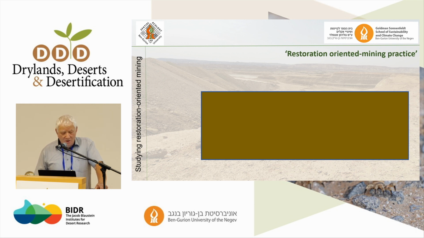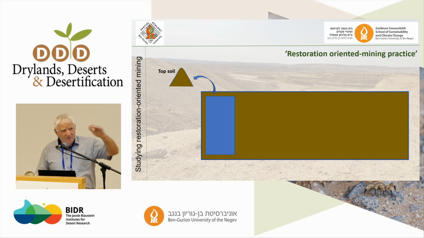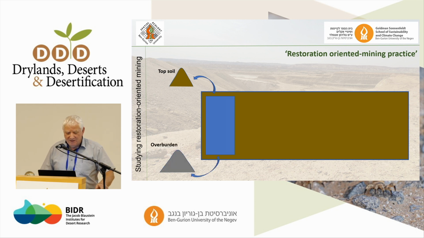Just to show you how this restoration-oriented mining practice works. If this is the potential area for mining, the company divides the area into strips. They go for the first one, they harvest the upper level, which is the topsoil from their respect. It is not really our biological topsoil. It's not the 5 centimeters, but between 50 to 80 centimeters, and they pile it in a designated area. Then they take the overburden, and then they mine the phosphate.